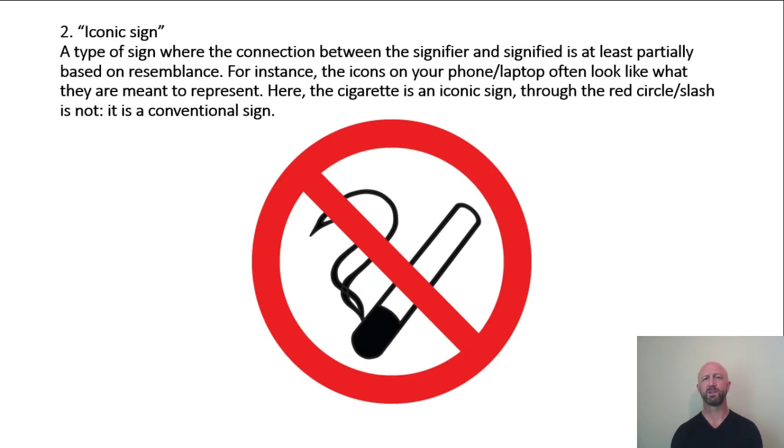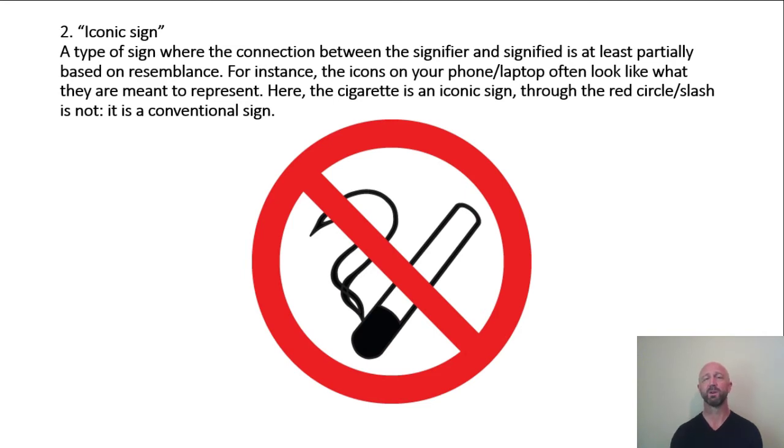So for instance, on your phone or laptop, the icons that you will find there often look like what they are meant to represent. If you are searching for how to print something and you see a little picture that looks like a printer, that is an iconic sign. And it's kind of easy for me to explain now because we literally call those, in today's world, icons, right?